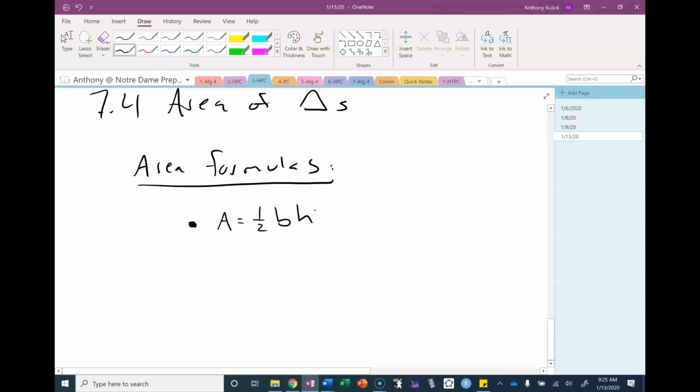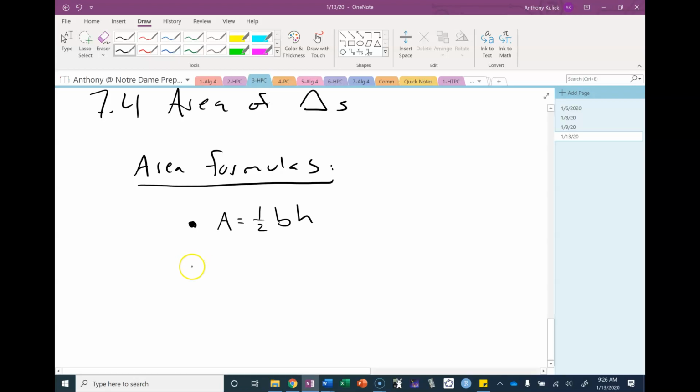What's the downside to this area formula? Yeah, if the triangle is not a right triangle, then the height is not one of the side lengths, right? So that's potentially a problem, particularly in a real world scenario where maybe the height isn't readily available to us.